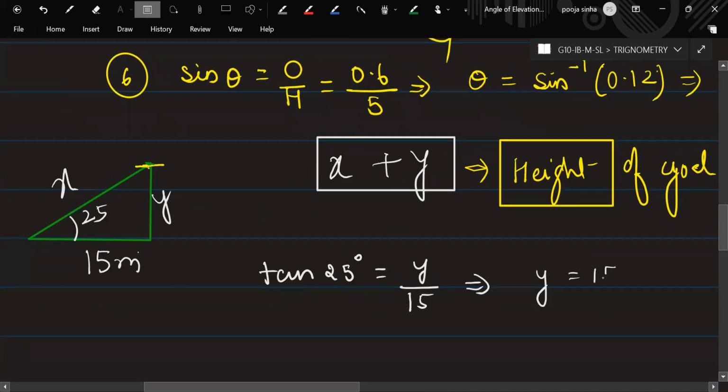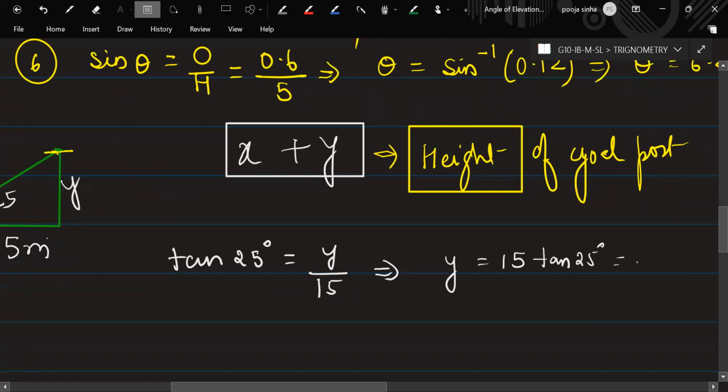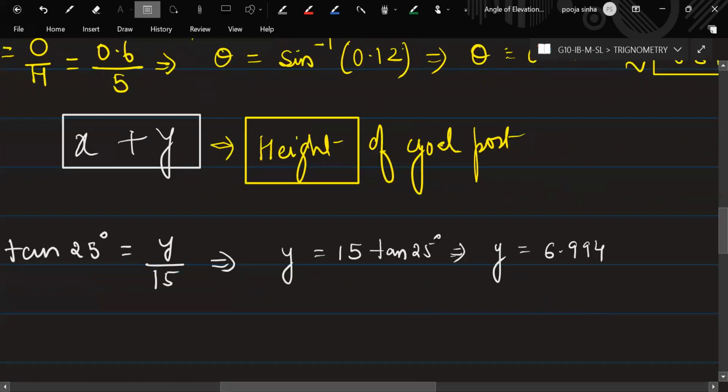Let's calculate it together. So 15 times tan 25. How much do you get? 6.994. So I'll write y is equal to 6.99 meters. What about x?